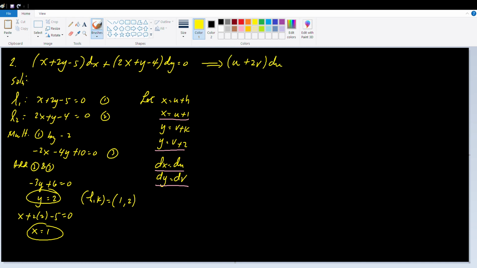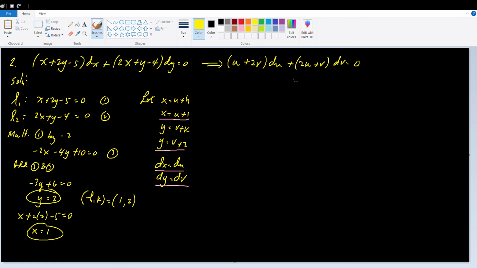Negative 5 will vanish. You just replace x and y by u and v respectively. So you can check that by replacing x by u plus 1 and y by v plus 2. And this is what you will get. Plus 2u plus v dv equal to 0.